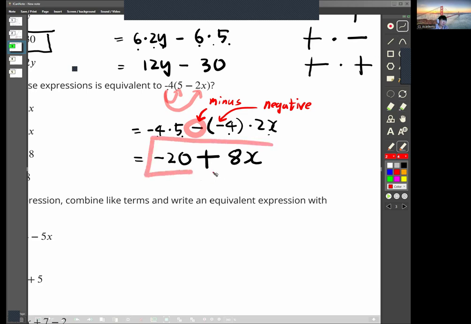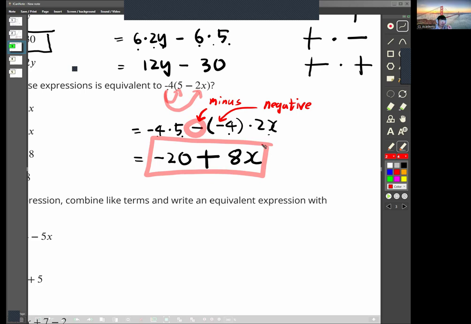One thing, there is some misconception. You cannot subtract or add negative 20 plus 8x. You cannot add them. Why? Because they are not like terms.